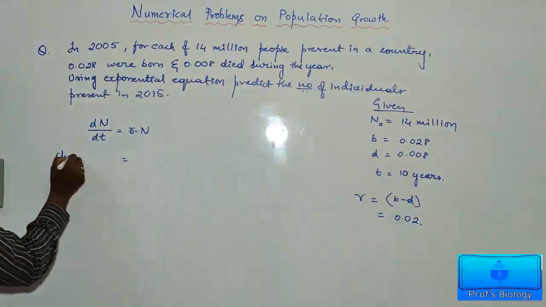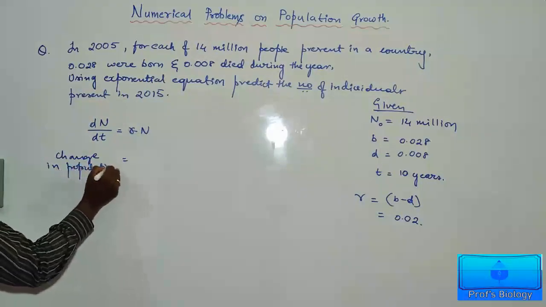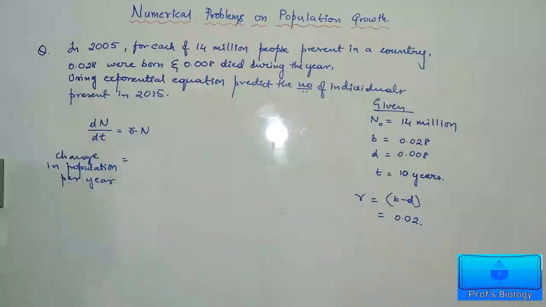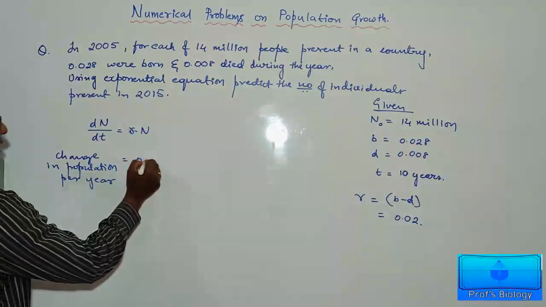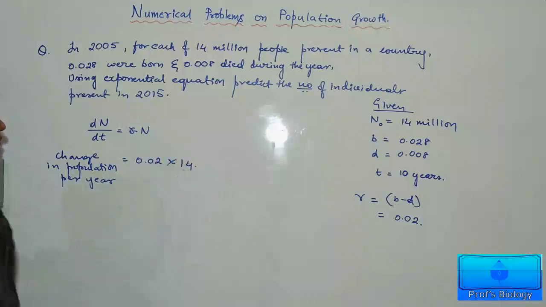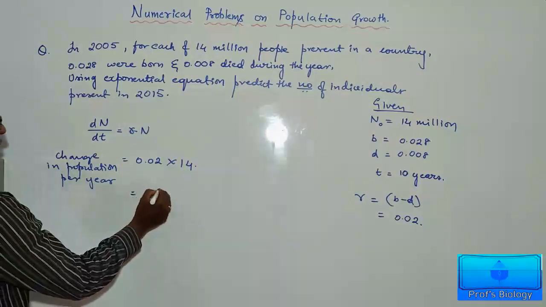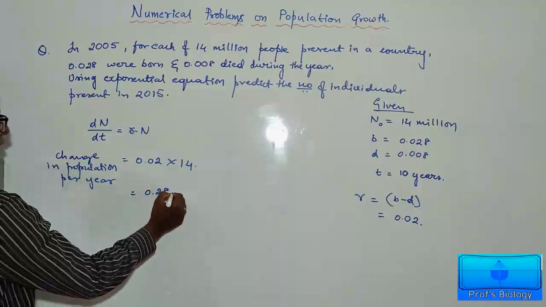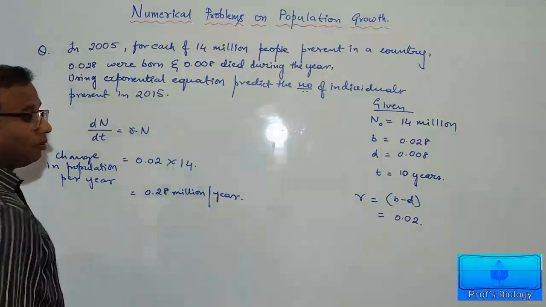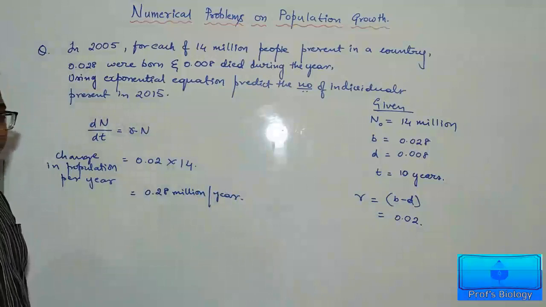So change in population per year is given by the above formula dN by dt, which will be 0.02 into 14. So this gives us a value of 0.28 million per year. So that means 0.28 million individuals are getting added to this population every year.